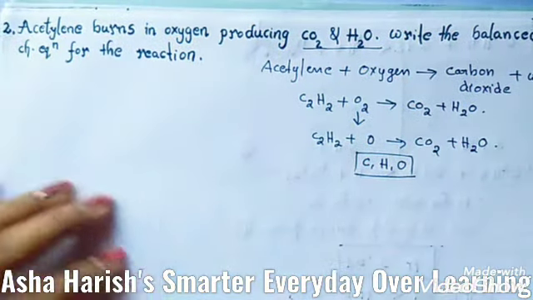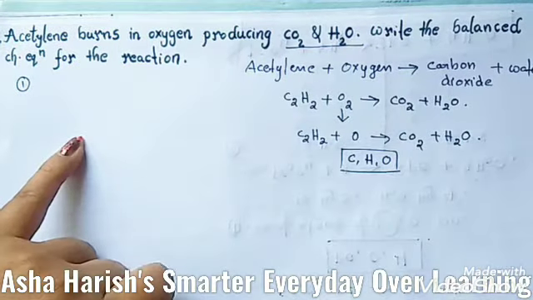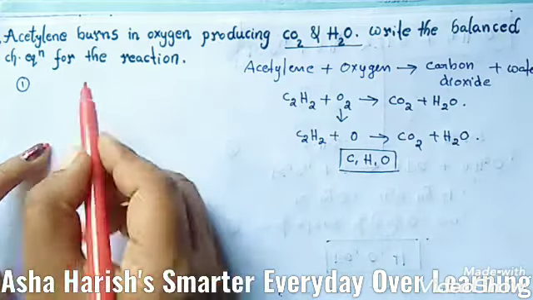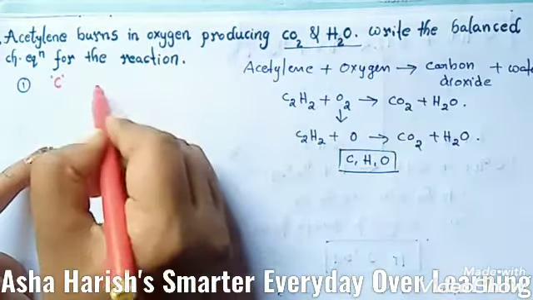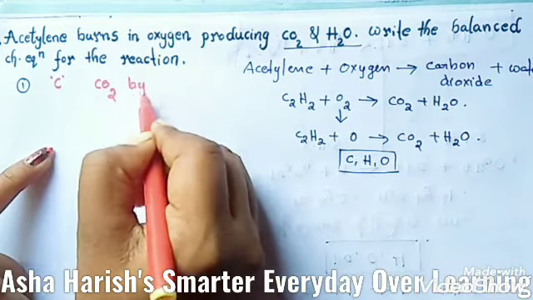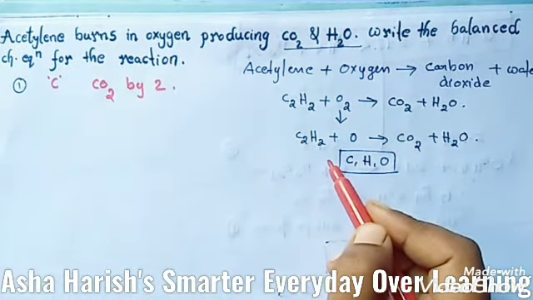For the first step, to equalize the number of carbon atoms, multiply this CO2 by 2. Okay, now we get the chemical equation.